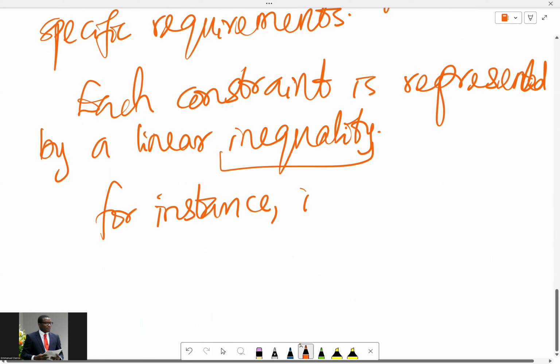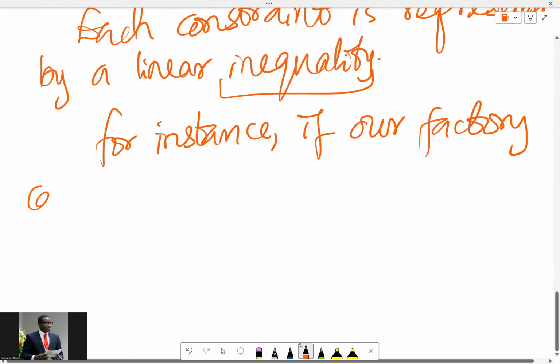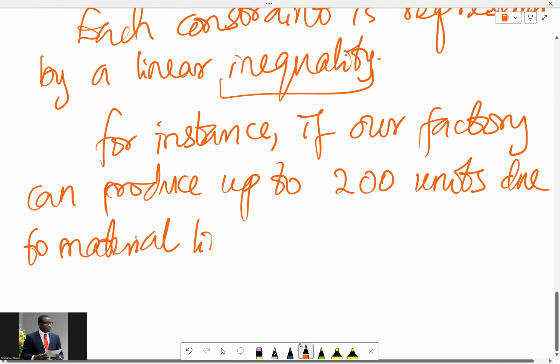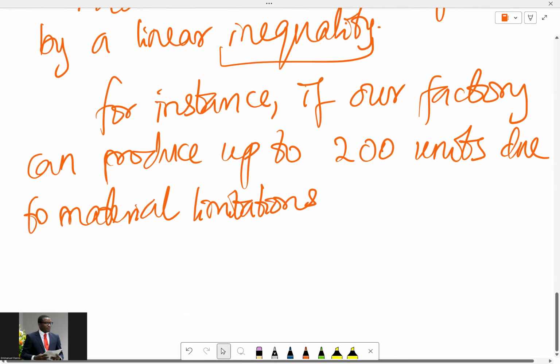For instance, if our factory can produce up to 200 units due to material limitations, like the case of raw material I talked about the other time. Though we can do more than 200, we are limited to 200 because we can't get all the raw material we need.